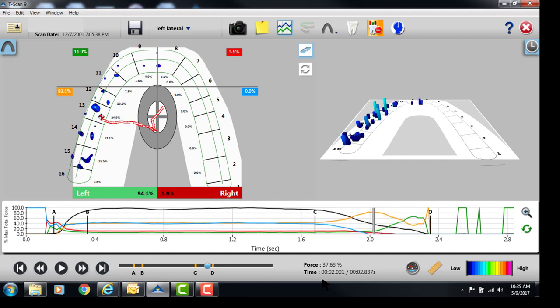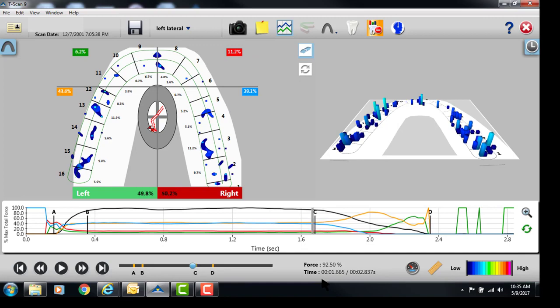As I rewind, we can see 12, 13, 14, some 15, and these can all be light adjustments, but it's really up to the dentist how aggressive or how invasive you want to be. Alright, so let's go look at the after.